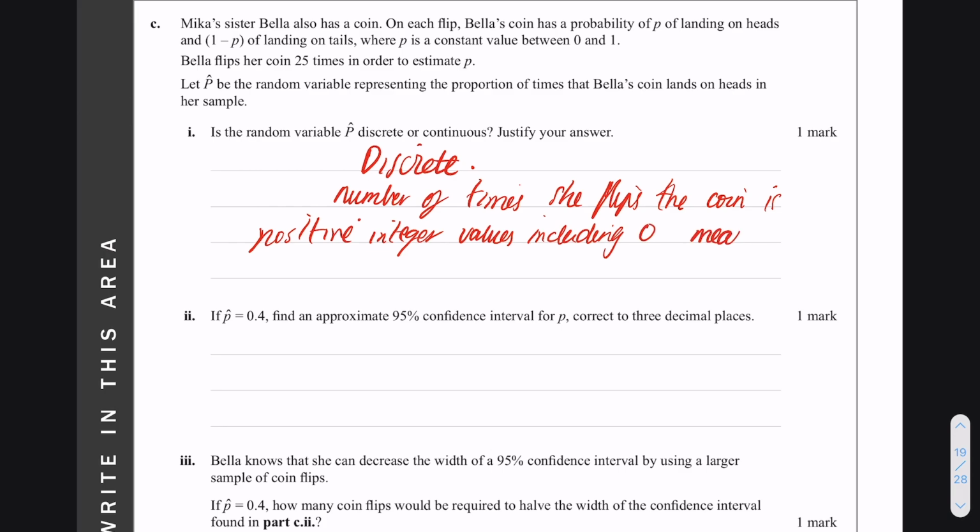Meaning P hat can only take discrete values.